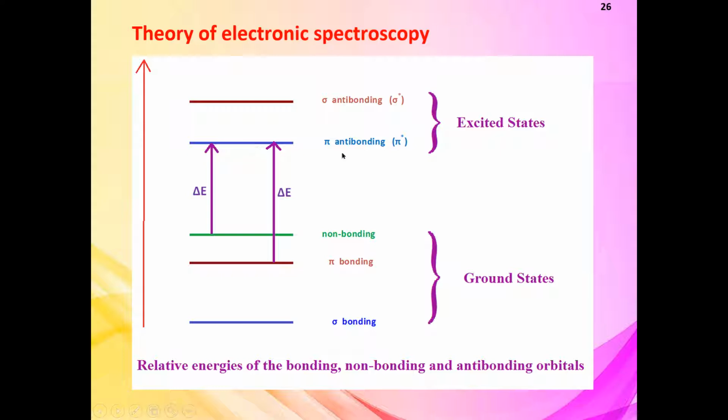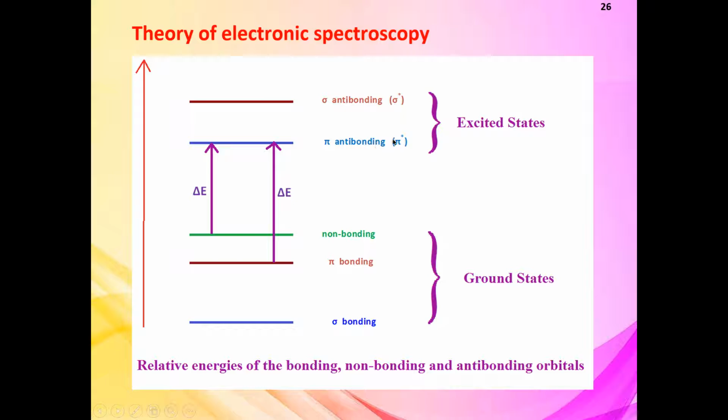You can see from this figure also, the ground state contains sigma bonding electrons, pi bonding electrons and non-bonding electrons, and the excited state, the antibonding level, contains the pi star antibonding molecular orbital and the sigma star antibonding molecular orbital.